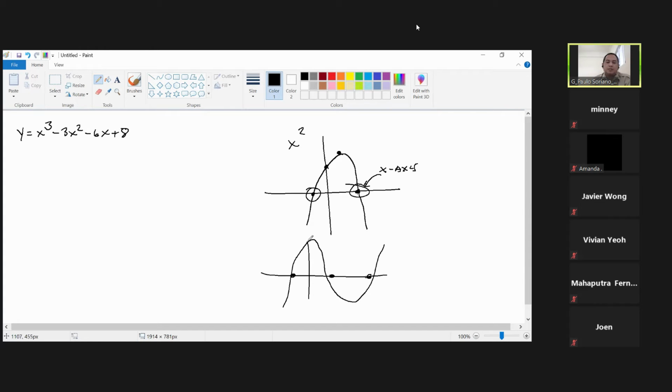However, the parts are still the same. It will have the x-intercepts, will still have the y-intercept over here, then we still have our maxima, minima, or if it goes like that, there is now again a point of inflection over there. So if you're able to determine these points, then you will be able to graph a certain polynomial. Is this one clear?